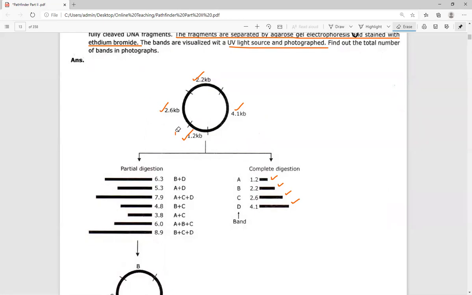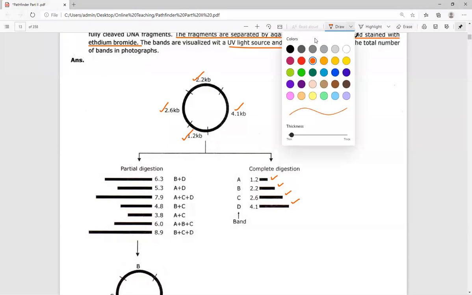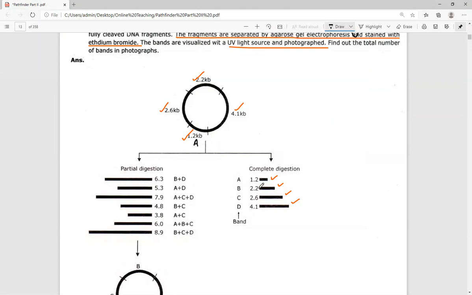He has named all these DNA molecules in the following order: the smallest being 1.2, this is A. The second being 2.2, that is B. The third being 2.6, that is C. And the fourth being 4.1, that is D.